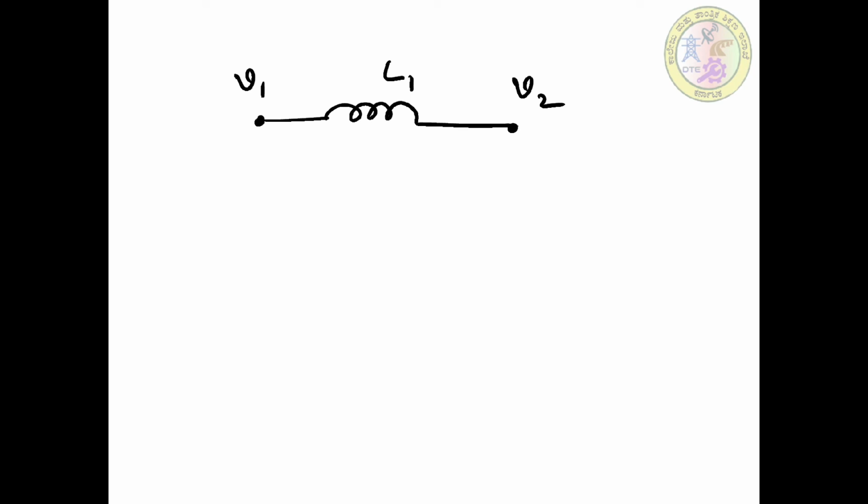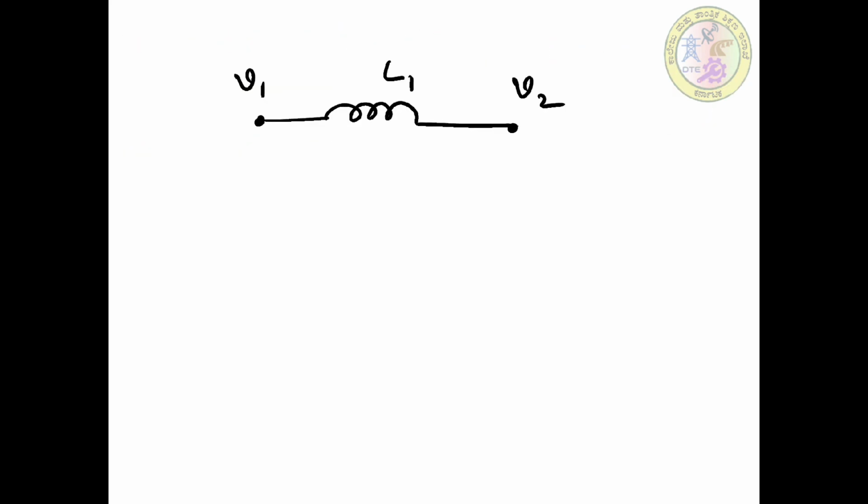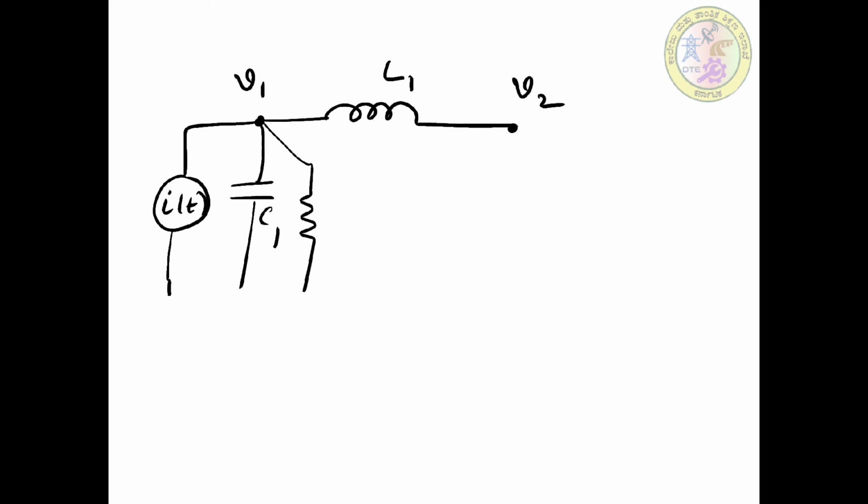At the V1 node we have to connect the current source I of t, the capacitor C1, and the resistor R1.